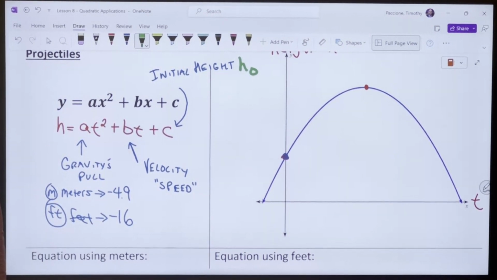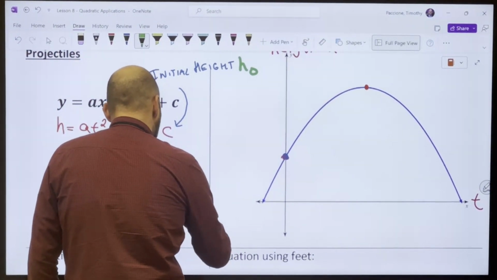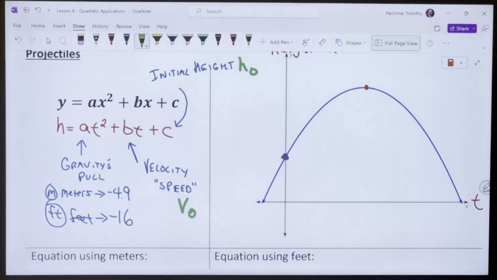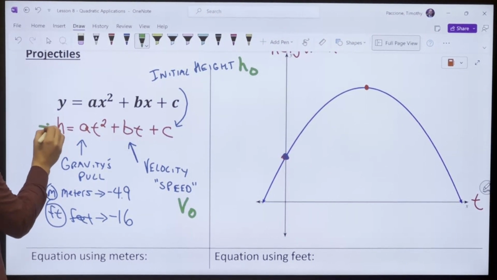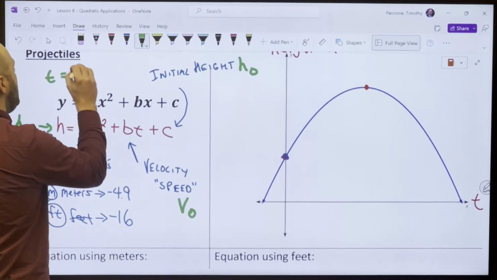It goes down. So your height at 0, h sub 0. And our velocity is our velocity at time 0, or v sub 0. Okay, and then obviously h was our height, and t was our time.